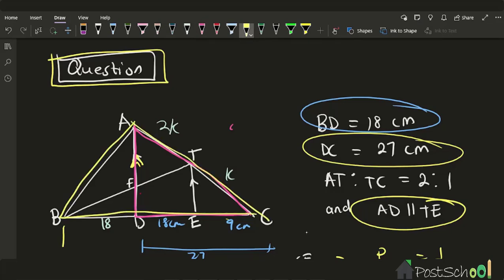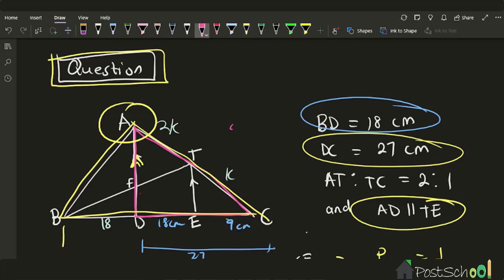So you can see ADC, ABC, they have a common vertex A, and a common height. So there can be a common height between these two triangles. So it's the ratio of their bases.